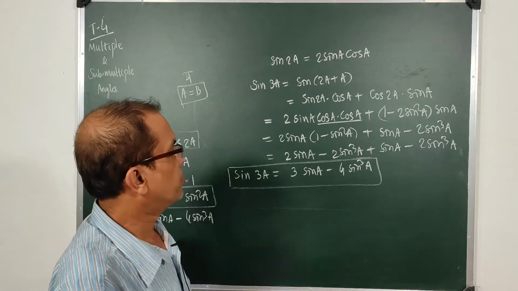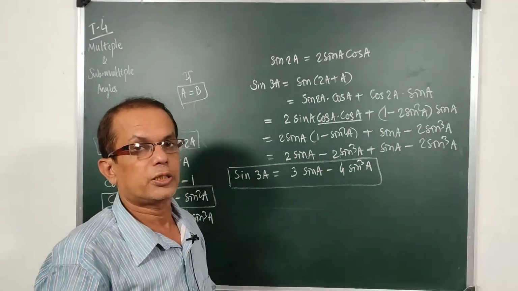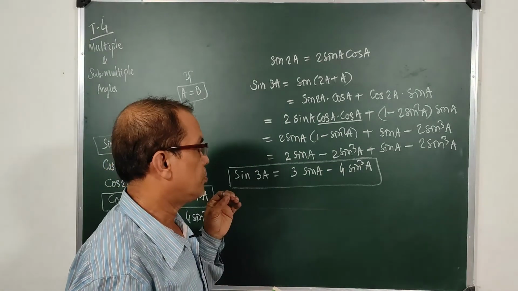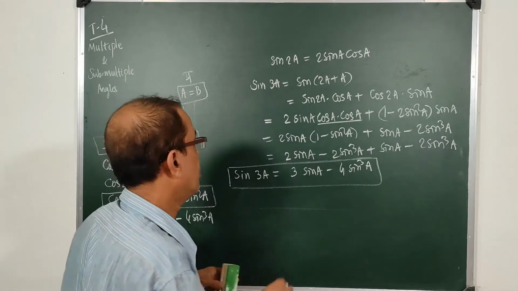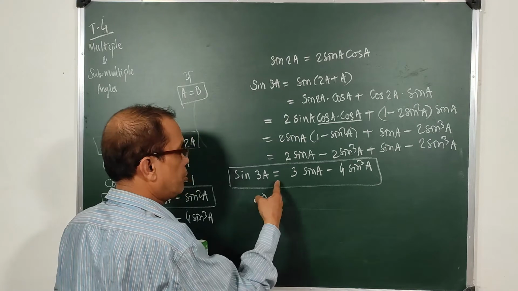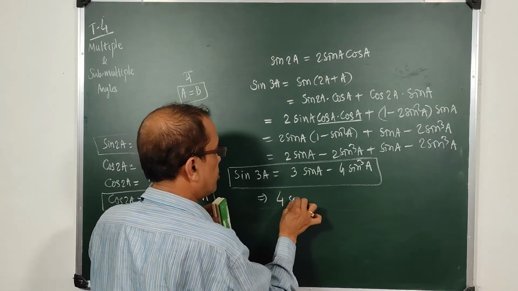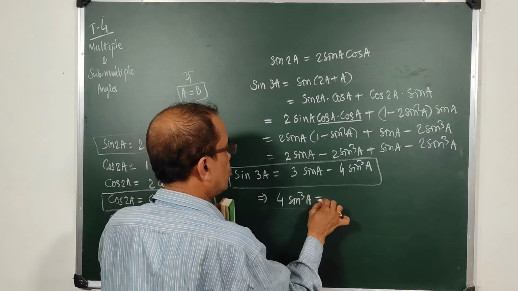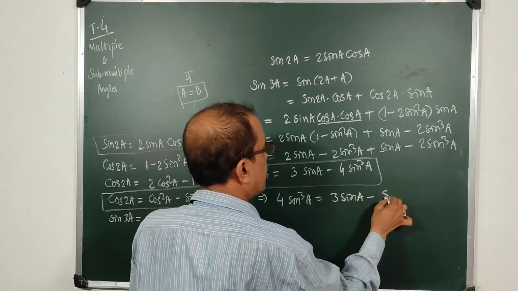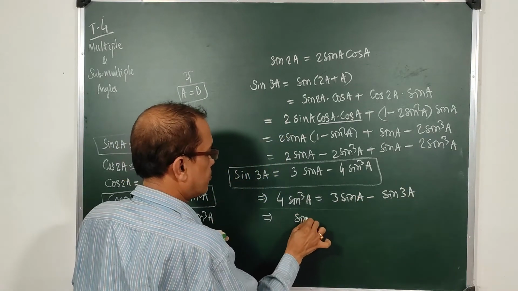In class 12th, you will have to use trigonometric identities while doing differentiation or integration. Primarily in integration, this formula needs to be changed. If you reshuffle these 3 terms, you can get 4 sin cube a on the left side to yield 3 sin a minus sin 3a on the right side. And what will be the value of sin cube a?